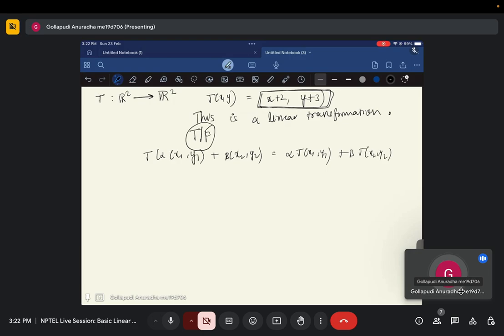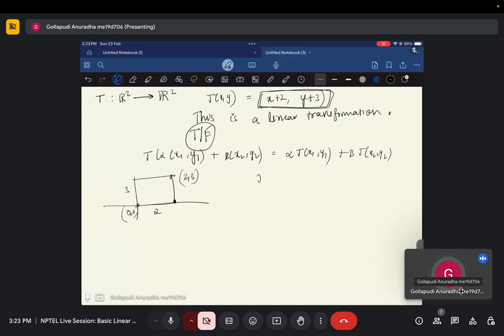So this is actually a translation. If you have a point somewhere here, and you're adding to it, you're just translating. Okay, so translation is not a linear transformation.